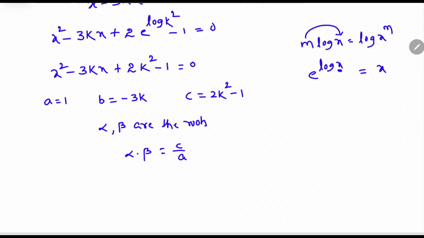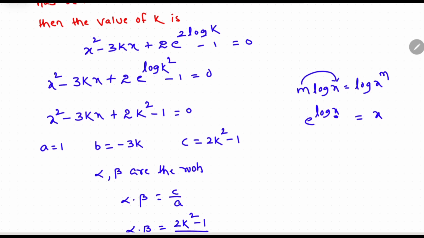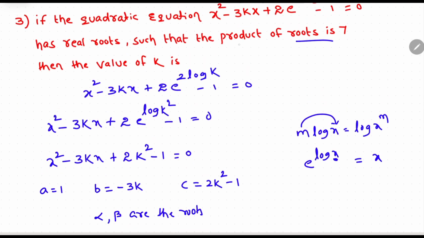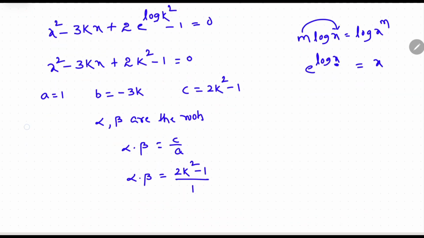So alpha into beta, I am writing, what is the c value there? 2k square minus 1 by what is a? 1. But here the alpha into beta value is already given. Product of roots is equal to 7.